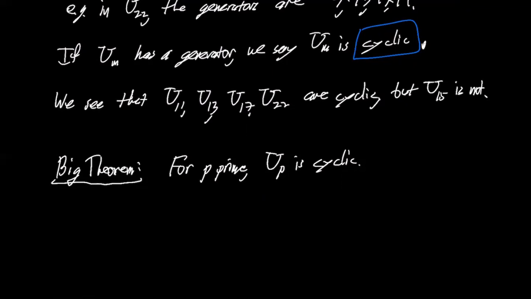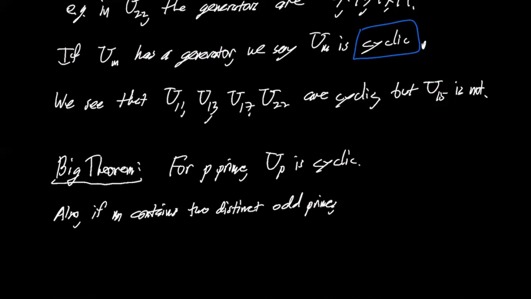22 happened to be cyclic also, even though 22 is not prime. But it turns out that if M contains 2 distinct odd primes in its factorization, this is a little bit easier to show, then U sub M is not cyclic.